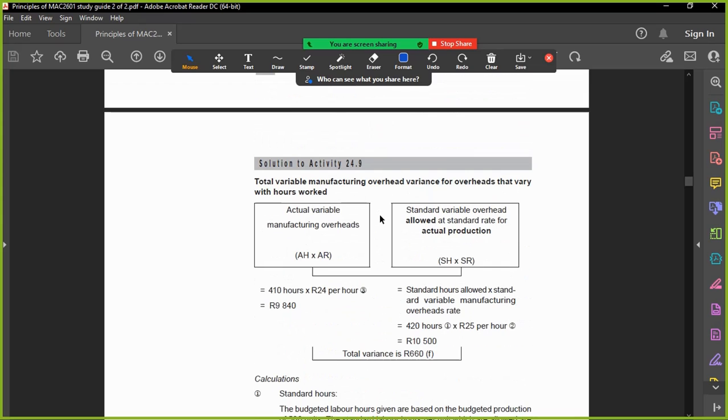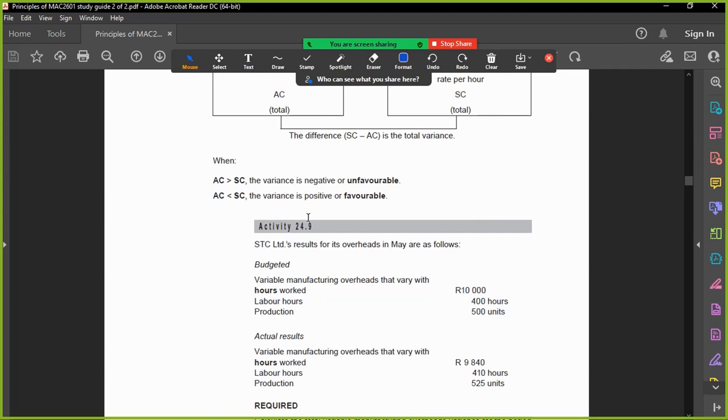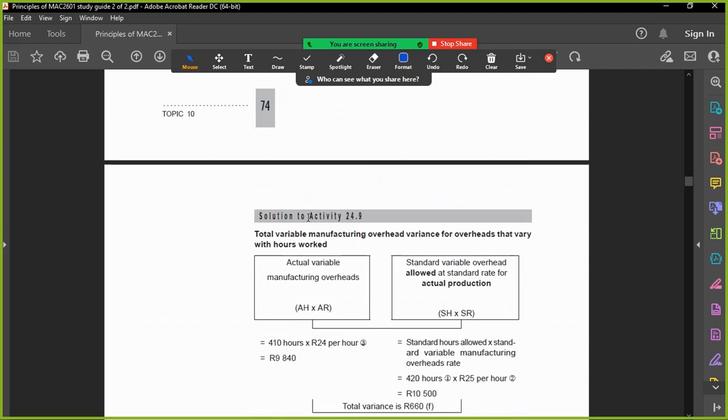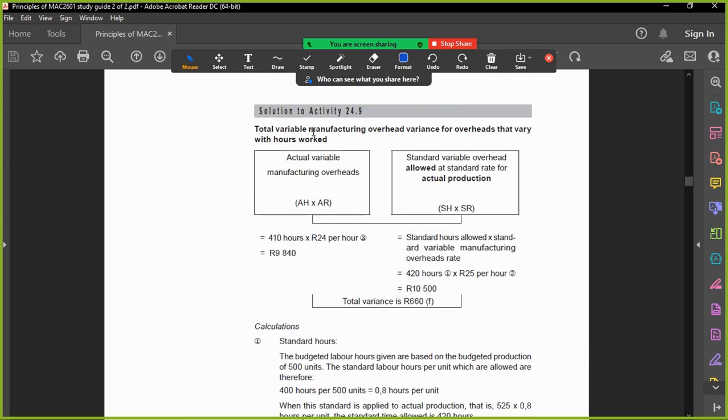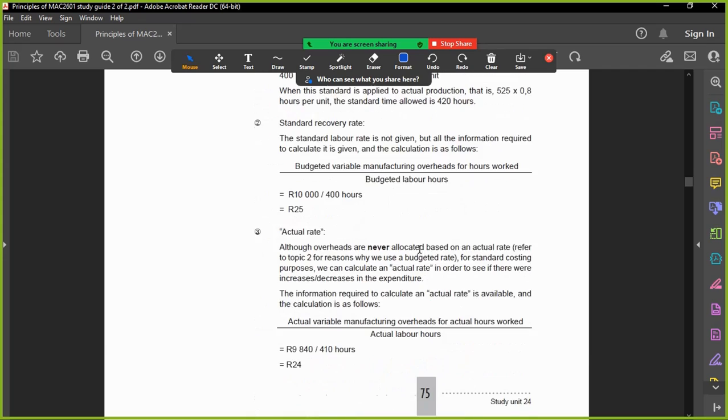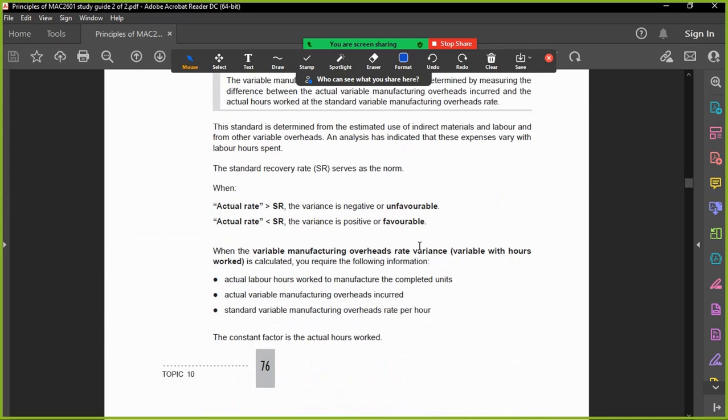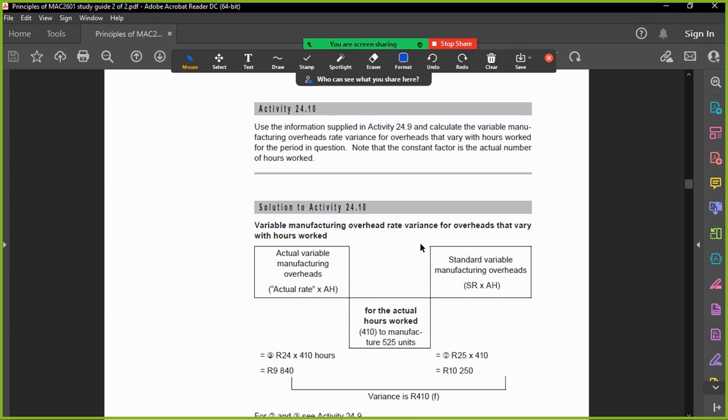Let's see, 24.9. They say hours here. Total variable manufacturing overhead variance for overheads that vary with hours worked. Also with hours worked for the period. Variable, but this was the variable.